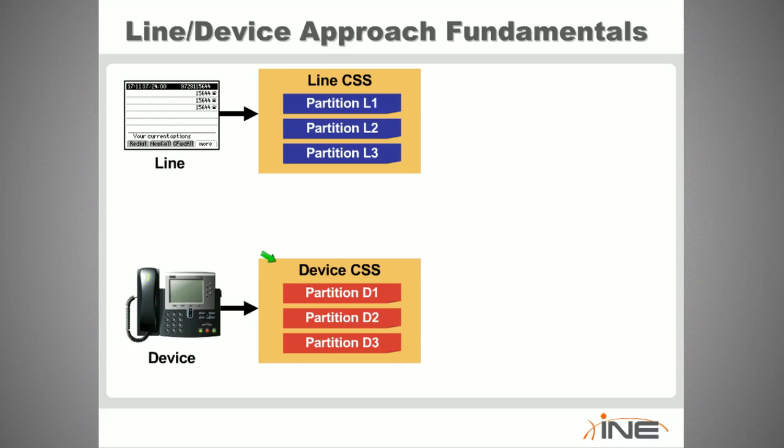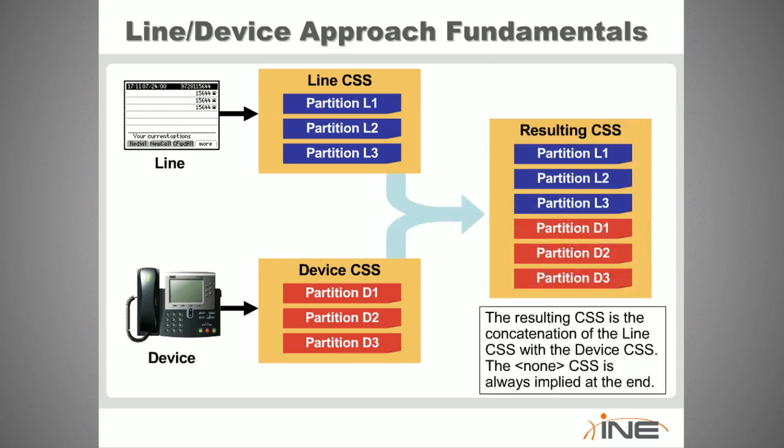Remember, I can only go off hook on one line, so the line I went off hook on and the device calling search space, anytime I go off hook, if they are both configured, are concatenated into a resulting new calling search space where the order of the partitions in that new calling search space is line first, device second.